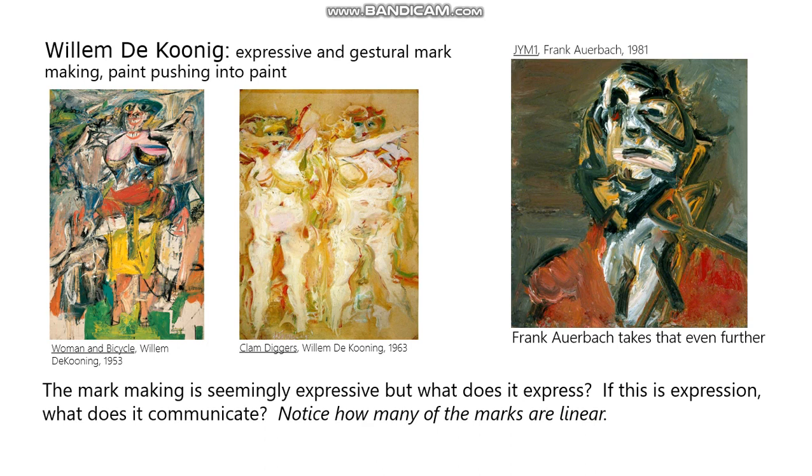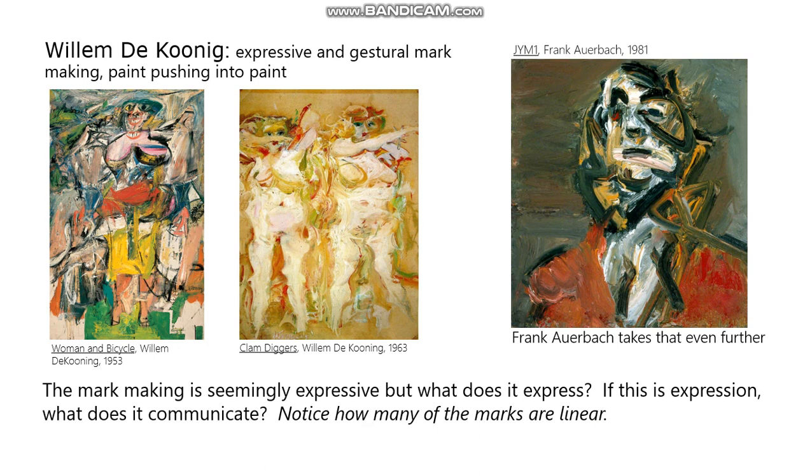So, as we talked about before, I think an artist like Willem de Kooning is a great example of gestural and expressive mark making, and we can look at his work as well as this piece by Frank Auerbach and think about how this means of making a painting or an image that's very loose and expressive, where the materials seem to be a direct reflection of the energy and the gesture of the body making it. What does that communicate?